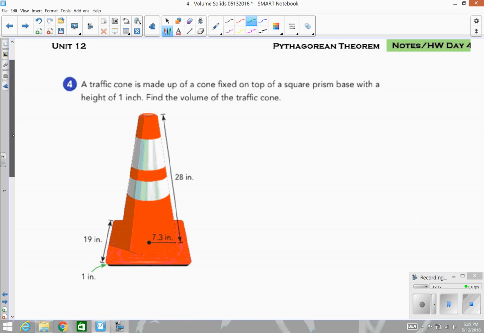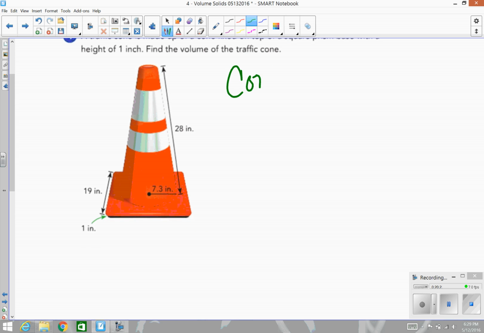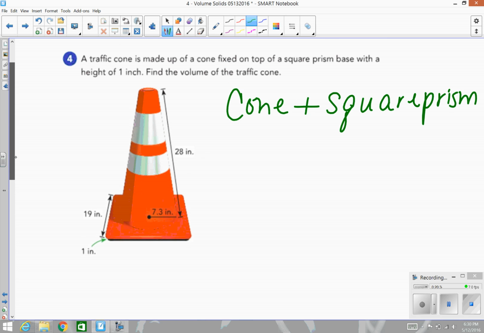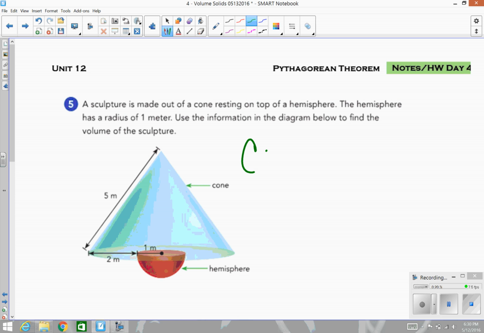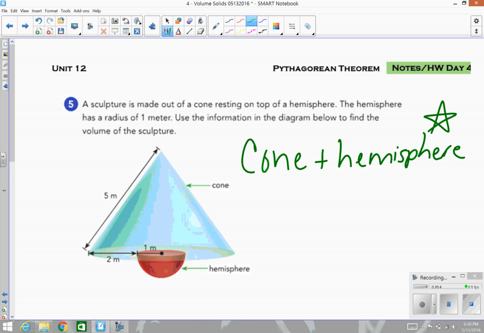Then you have a cone plus a square prism. And lastly, you have a cone plus a hemisphere. And be careful, a hemisphere is half of a sphere. So if you find the volume of a sphere, you've got to cut it in half.